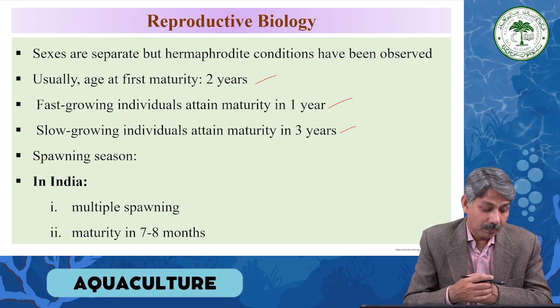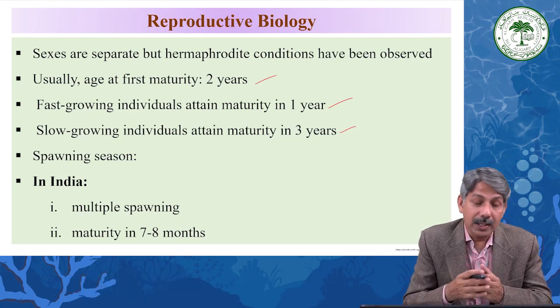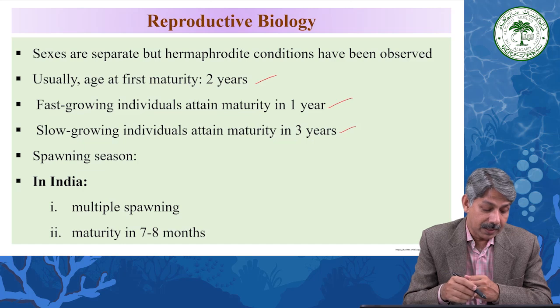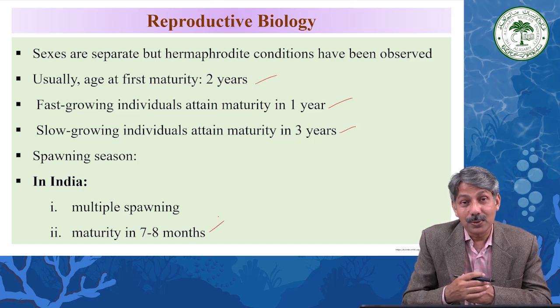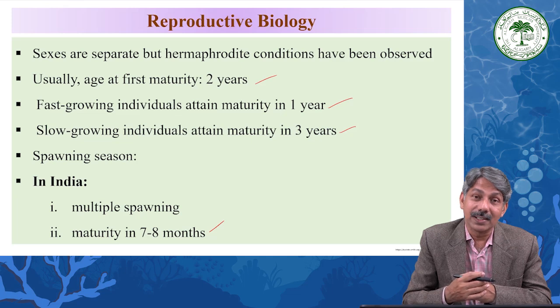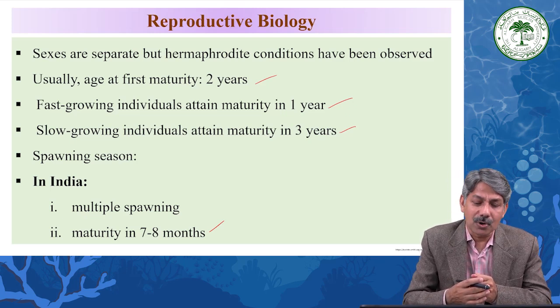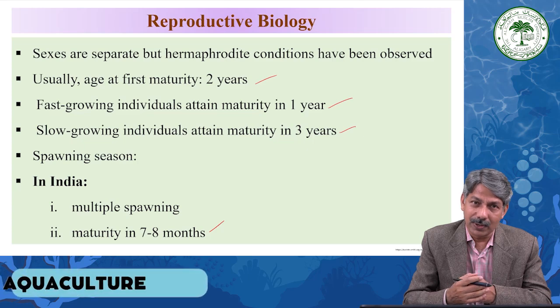Spawning season in India, multiple spawning has been reported. Maturity here, it is written, in 7 to 8 months. So there is a lot of variation in maturity condition according to the conditions of that region. We all know that a number of biotic and abiotic factors have a strong influence on the reproductive biology of aquatic animals.